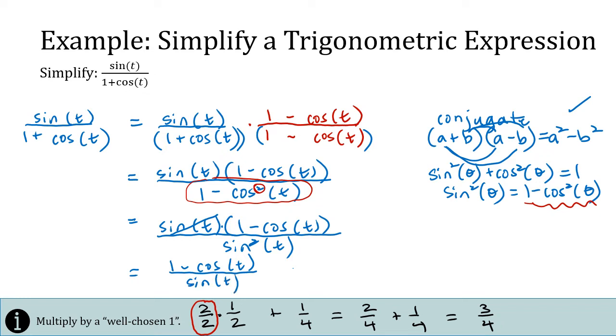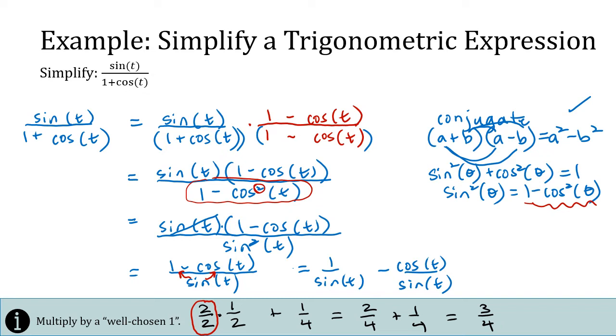Now, does that look any more simplified than what I started with? Maybe not necessarily. I could probably do one more step. I'm running out of room a little bit here, so let me just put it to the side. 1 minus the cosine of an angle divided by the sine of an angle is the same thing as 1 over the sine of the angle minus the cosine of the angle over the sine of the angle, because this sine of t belongs not only to the 1, but also to the cosine of t.